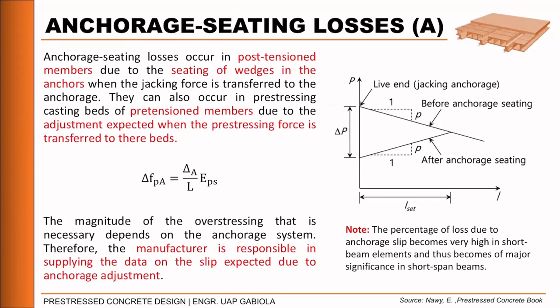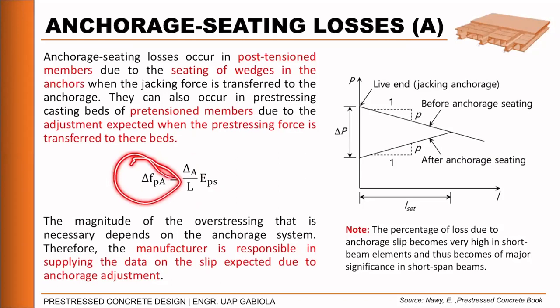Okay? So, pero mas madali yung formula for anchorage seating loss since this is based from the change in strain ng pre-stressing natin. Pag nakuha natin yung strain, multiply lang natin dun sa value ng modulus of elasticity ng tendon natin, we will have yung ating loss due to anchorage slip.